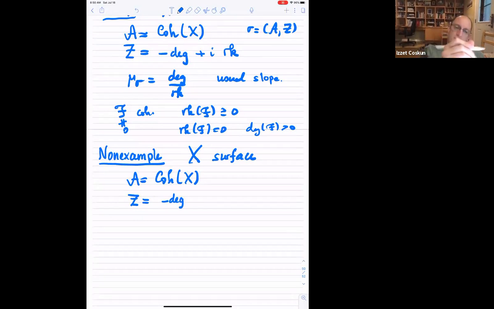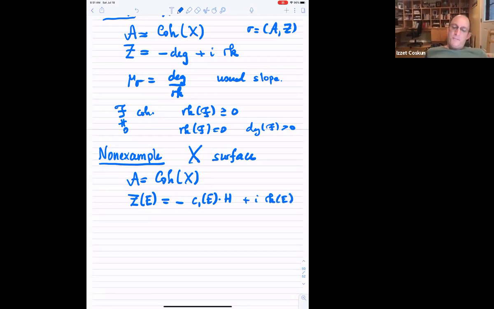Let me maybe write it like this. So Z of E, you can take it to be minus c_1(E) dot H, say that you have some ample H, plus i times the rank of E or something like this.